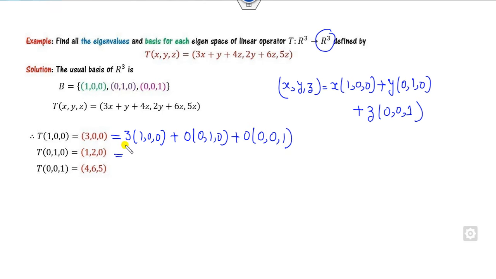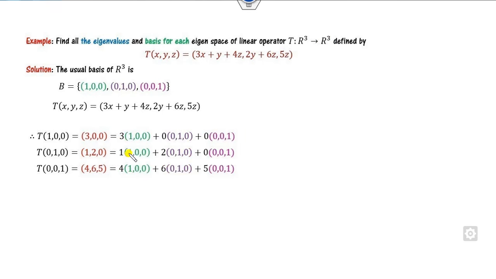Similarly, I can write for the other parts. You can also verify whether your answer is correct or not. You can simply open this bracket, collect the x coordinate, and you will get it here. So what is the matrix A corresponding to this linear transformation? The first row is (3, 0, 0), then (1, 2, 0), and (4, 6, 5).